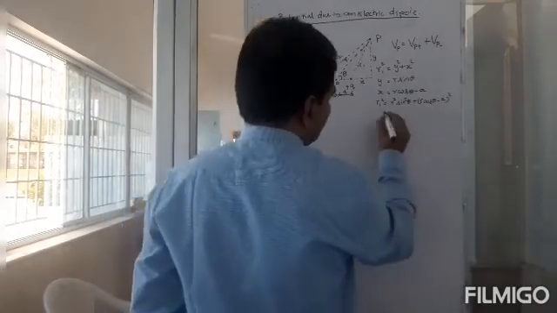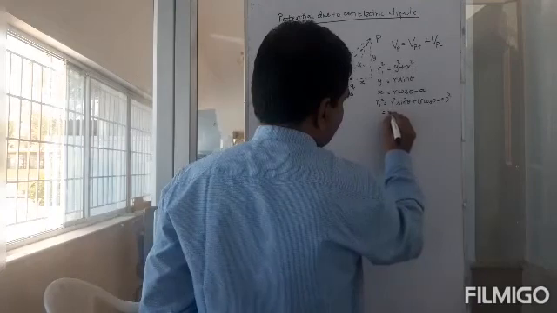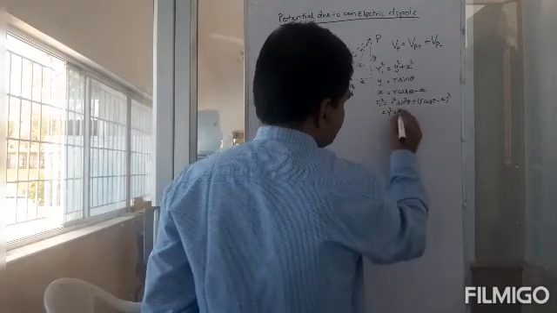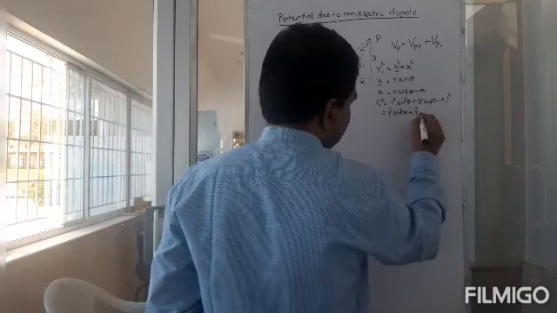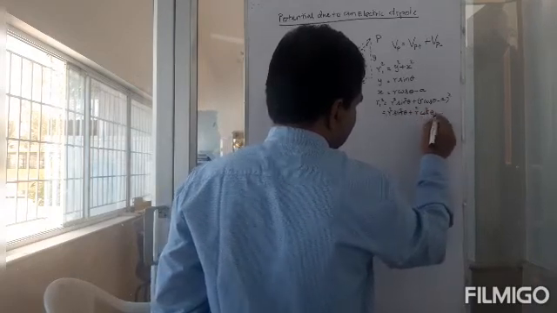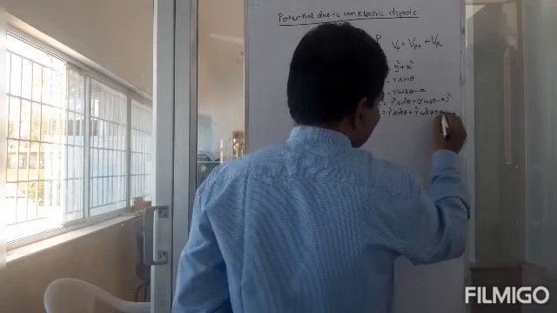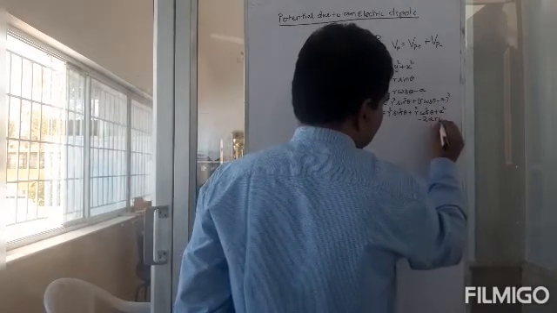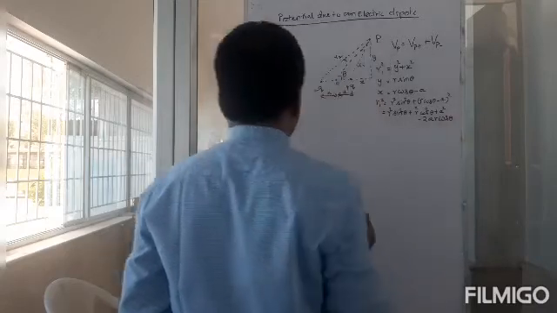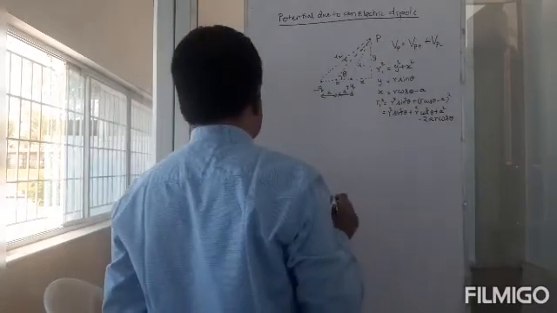So what does it give me? It gives me r squared sin squared theta plus r squared cos squared theta plus a squared minus 2ar cos theta.